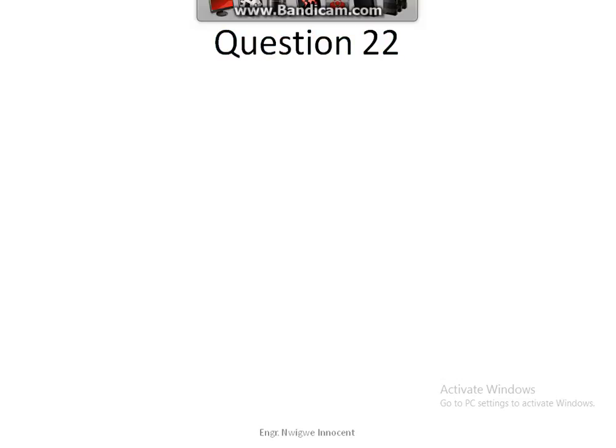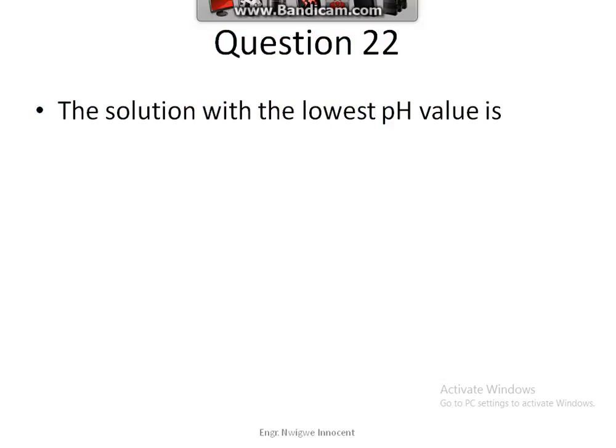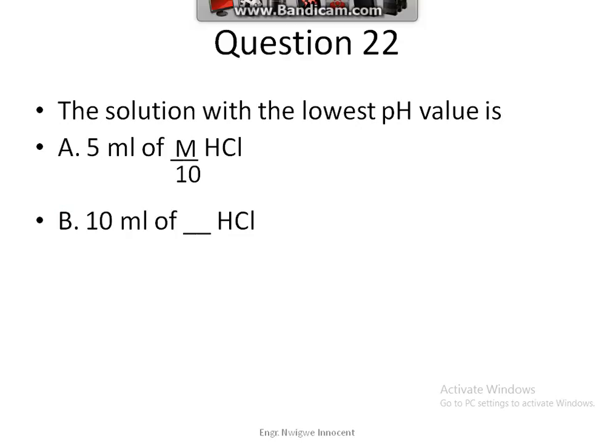Question 22. The solution with the lowest pH value is A. 5 milliliter of M over 10 HCl. B. 10 milliliter of M over 10 HCl.